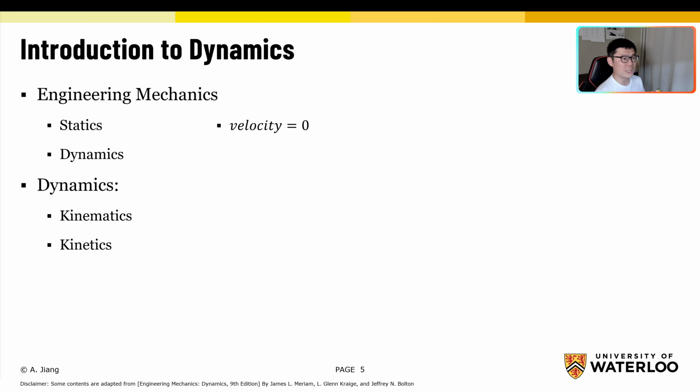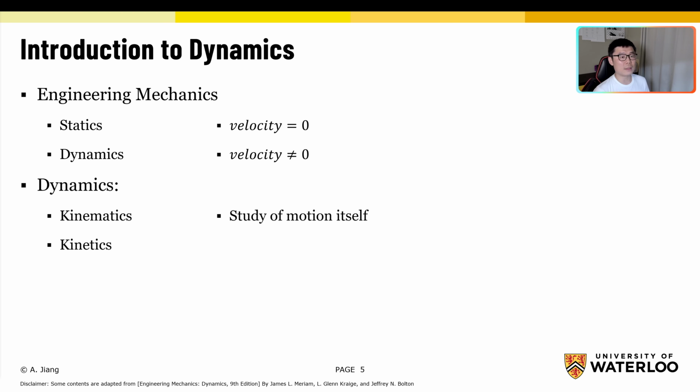In statics, we deal with objects that are not moving, or say at least nearly still. In dynamics, we are going to deal with moving objects or moving rigid bodies. That is when the velocity is not zero. There are two core components in dynamics, kinematics and kinetics.